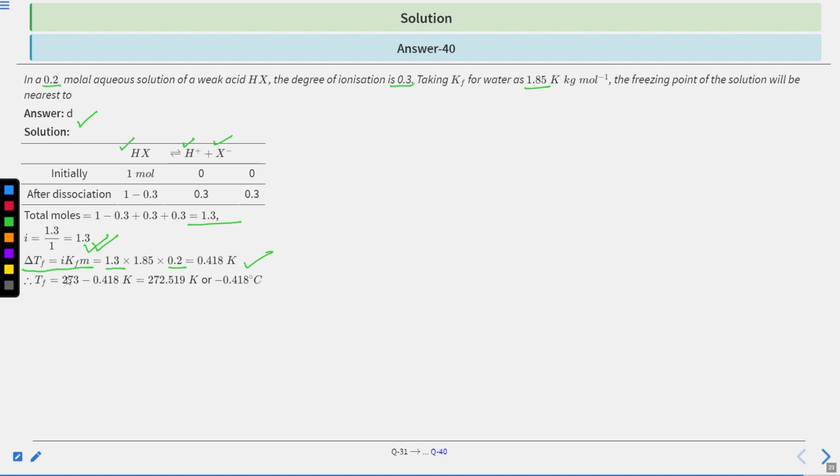So Tf is 273, which is Tf naught, minus 0.418 Kelvin. In Kelvin it is 273, in Celsius it is 0. On subtracting this, we have 272.582 Kelvin, or in Celsius we have minus 0.418 degrees Celsius. Hence, option D is the correct answer for this question. Okay, thank you.